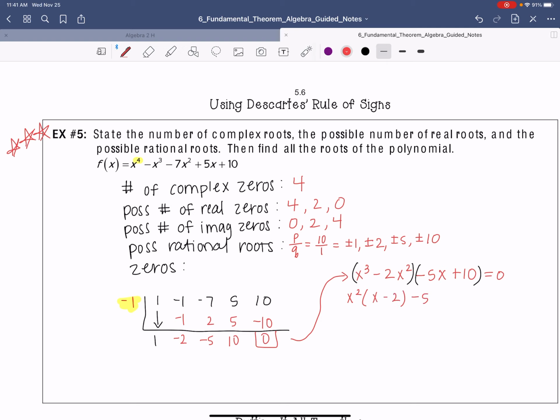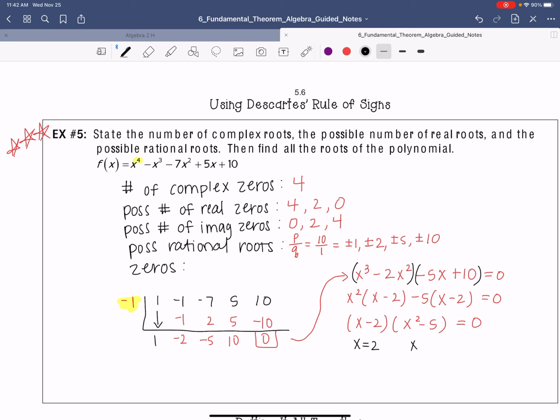Second factor group, I can take out a -5, and I get x minus 2. We know it works when what's in the parentheses is the same. Factor that out, x minus 2, and I'm left with x squared minus 5, which equals 0. All right, x squared minus 5, can't factor it more, but we can still solve it, no big deal. So when I solve this one, I'm going to get x equals 2.